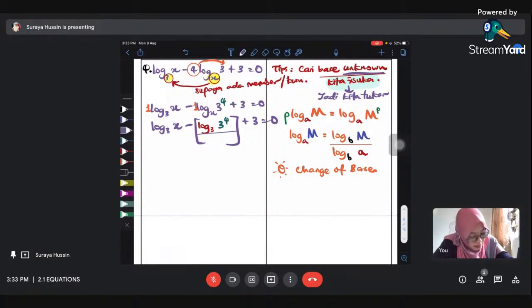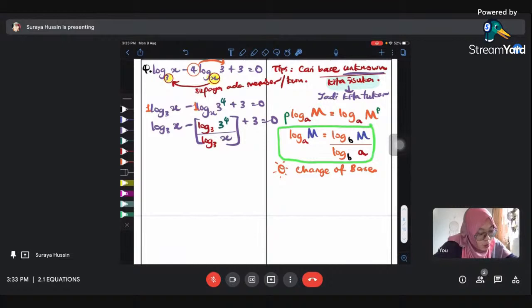bahagi log base 3 untuk siapa? Untuk x pula. If you really understand this formula, you know what I am doing right now here. You must know apa yang saya tengah cuba buat. Okay?